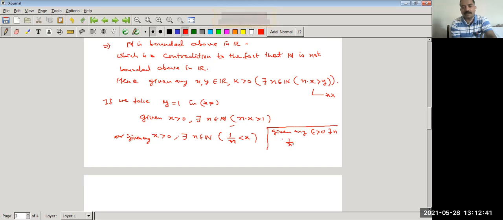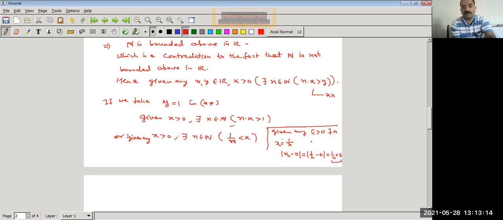When we take the example of the sequence xn equal to 1 upon n, because this 1 upon n is converging to 0 as n goes to infinity, so mod xn minus 0 is equal to mod 1 upon n minus 0, that is equal to 1 upon n, and 1 upon n we directly write as less than epsilon. Why do we write this? Because by Archimedes property.